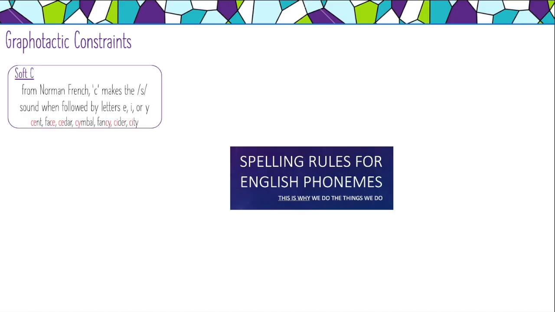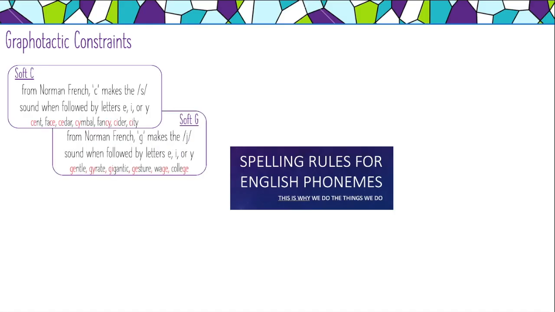If you would like to have that K sound and you need to have an E, I, or Y after it, then use a letter K. Don't use a letter C, and that would be something I would let the kids know. A soft G follows the same rule, with an E, I, or Y following the G. It's going to make a J. So therefore, if you see a U, an A, or an O, it's going to say G.